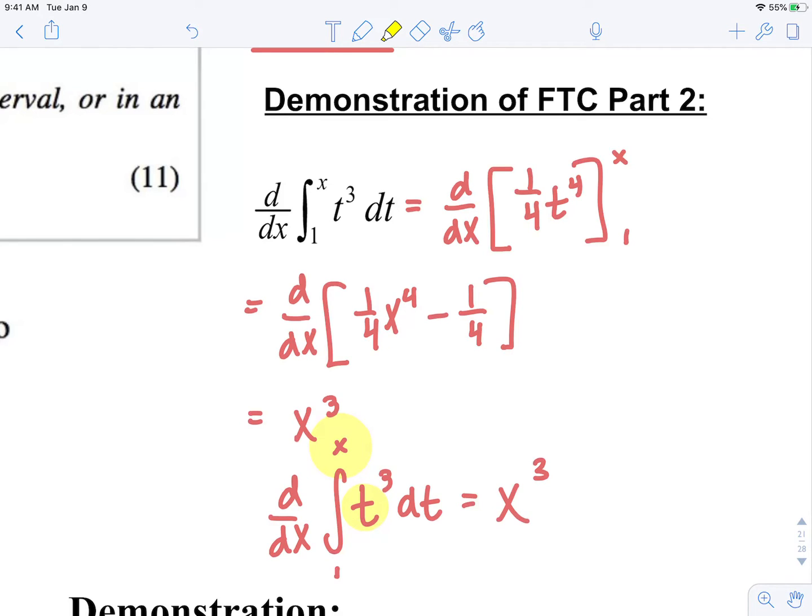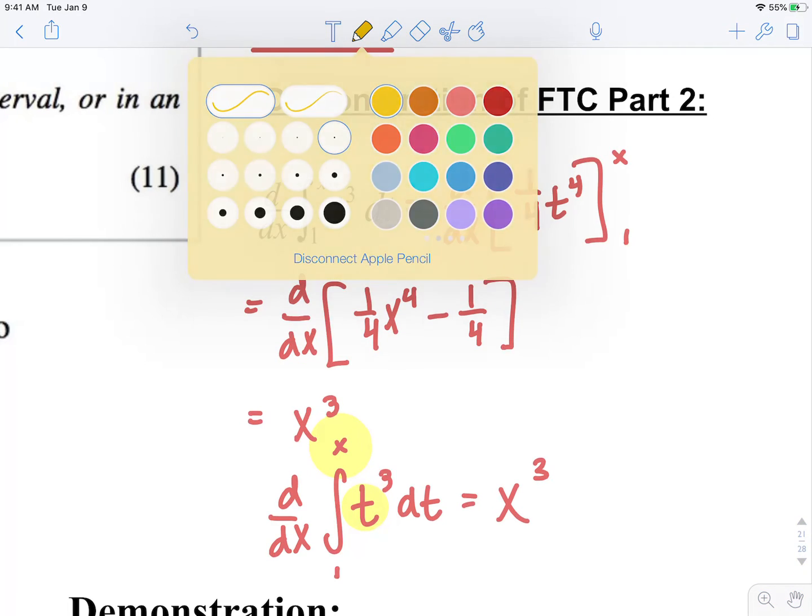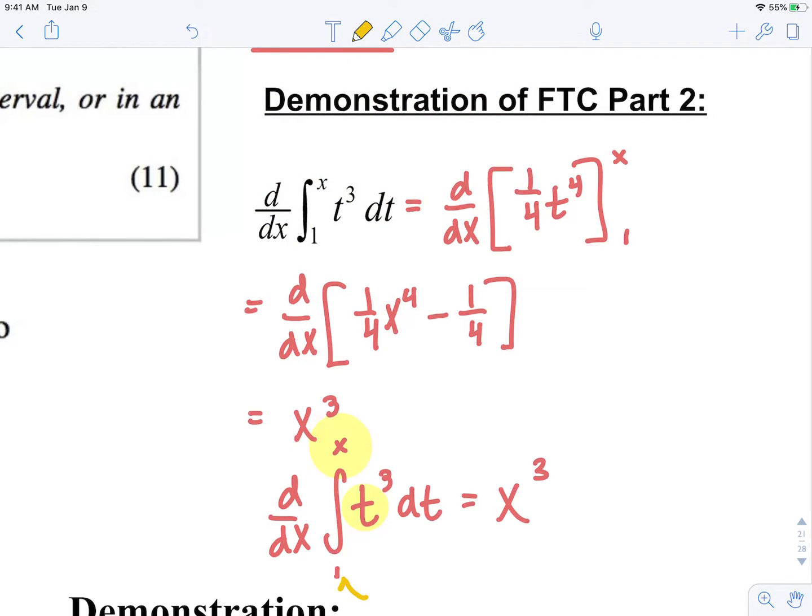Now, this is only true if the bottom is a constant, it must be a constant, right? Because if the bottom is a constant, then we know that derivative will go to 0.